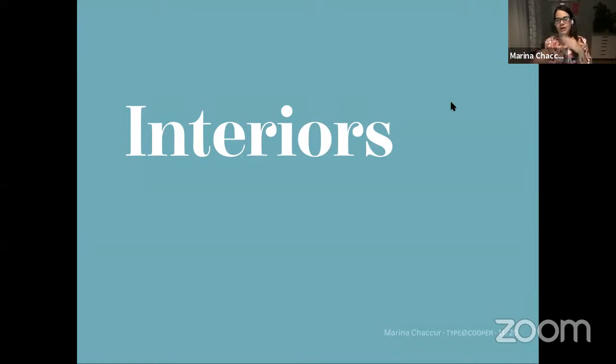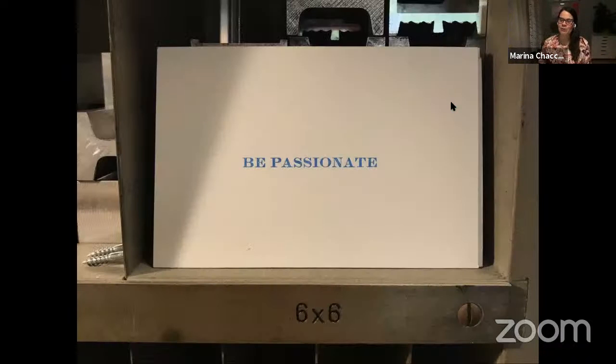You can overlap things in different lockups and different prints, in the same way that you cannot put two pieces of furniture in the same space. But anyway, whatever you do, be passionate about what you're doing.